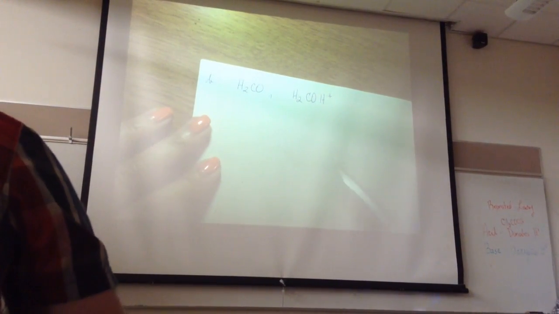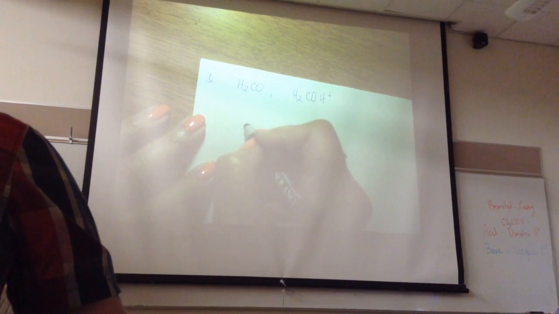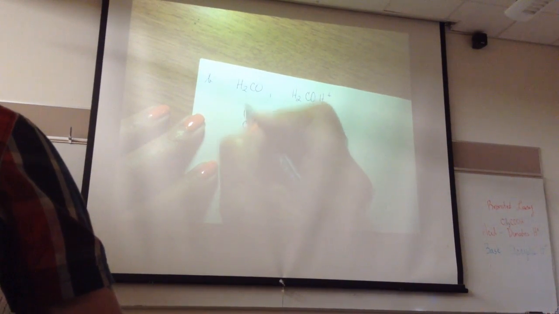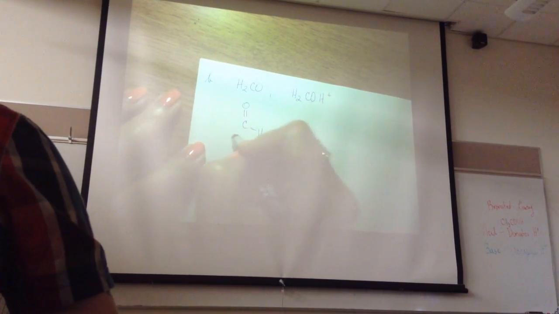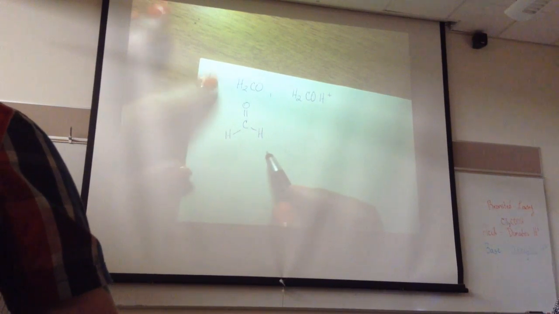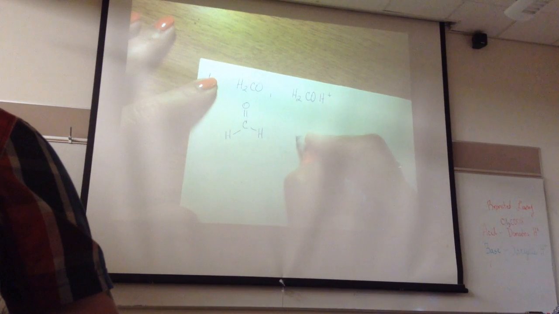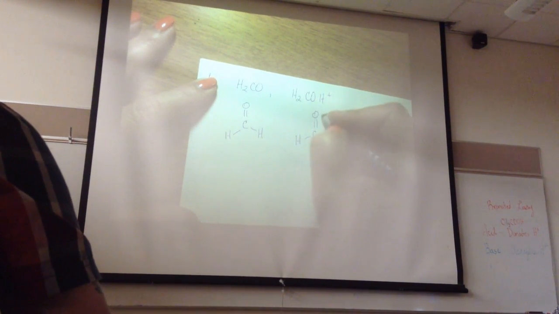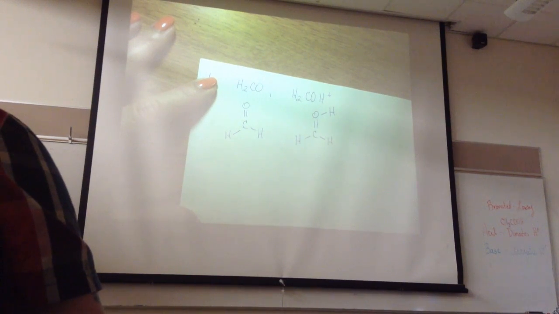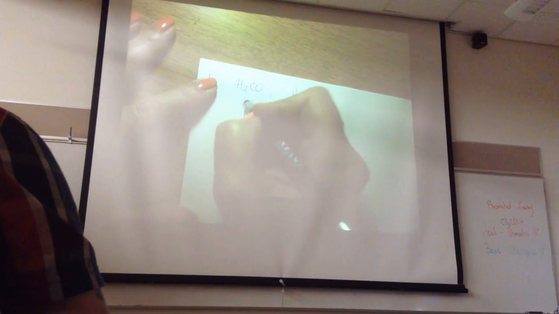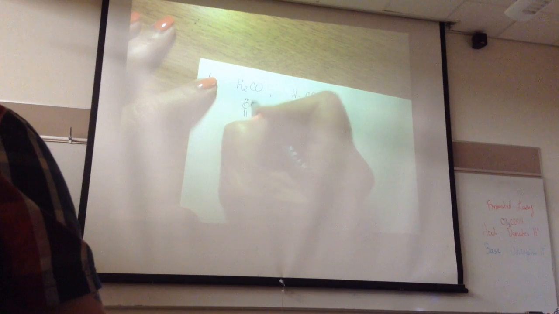So in the case of the H2CO, the only way that this works is like that. That's that. And the H2CO is like that. So of course we need to put my lone pairs here.